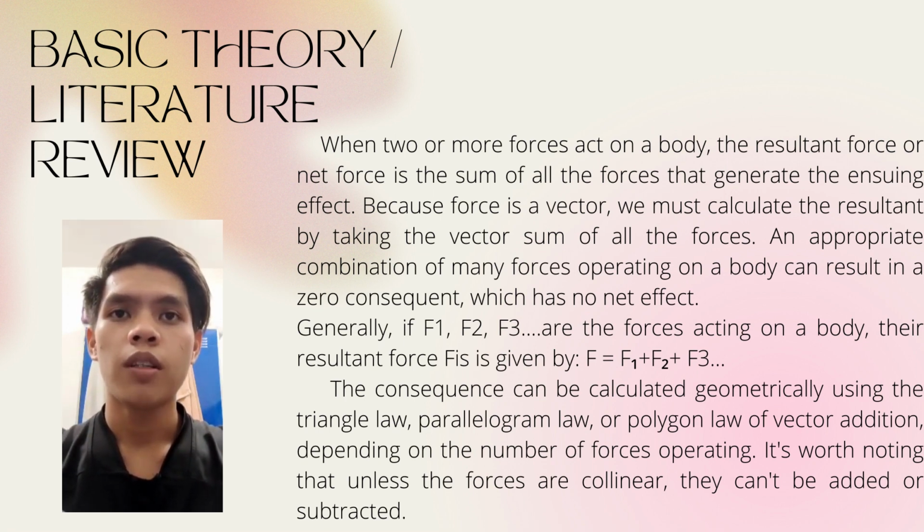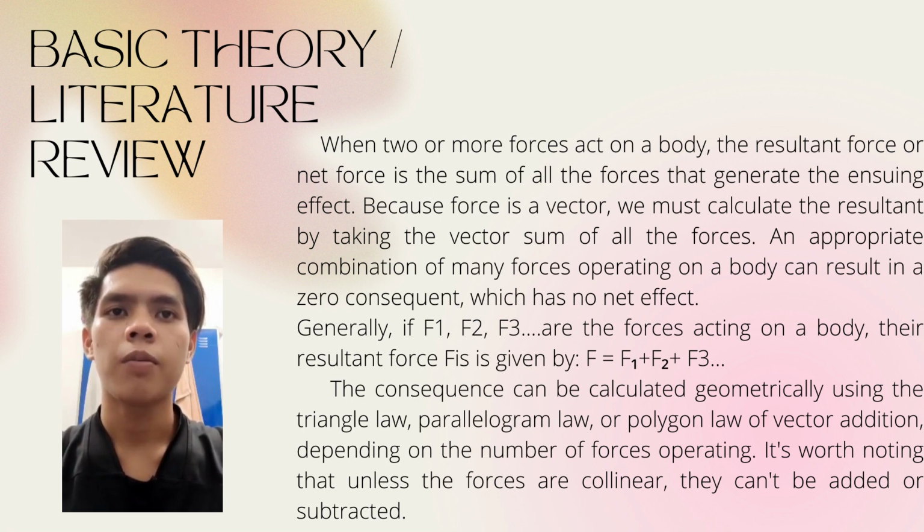I will present about basic theory or literature review. When two or more forces act on a body, the resultant force or net force is the sum of all the forces, then generating the combined effect. Because force is a vector, we must calculate the resultant by taking the vector sum of all the forces.